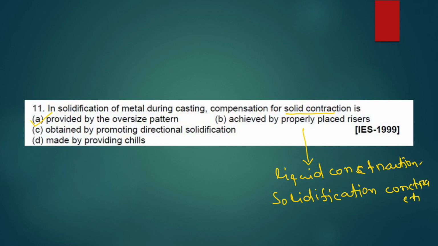For these two we are using riser, and for solid contraction, from solid state to room temperature, we are using oversized pattern. Both are important. For directional solidification we are using chills and padding. This is also important.